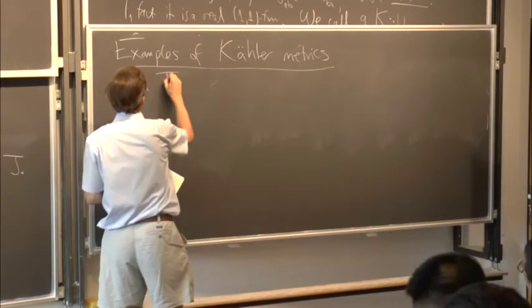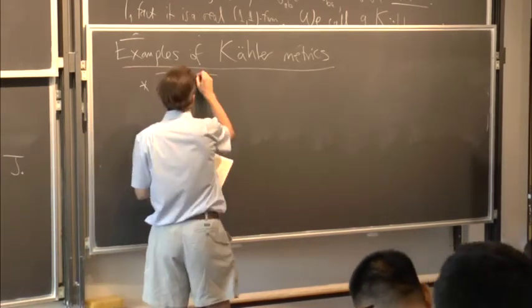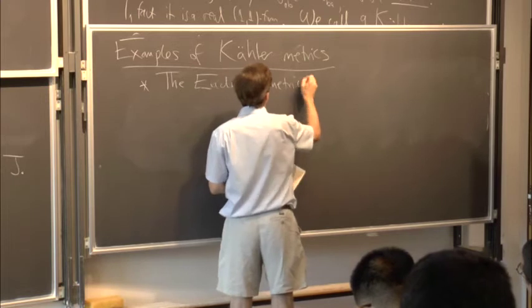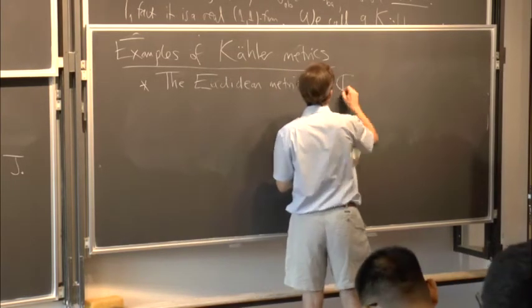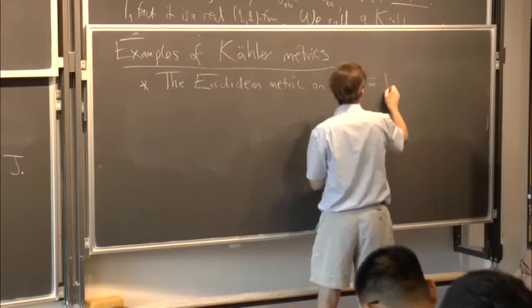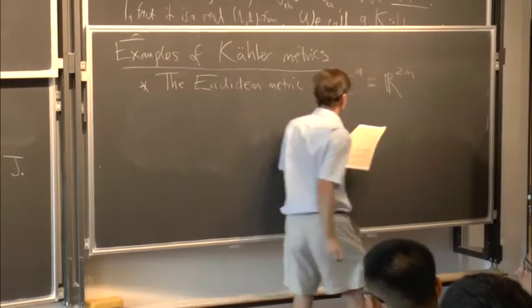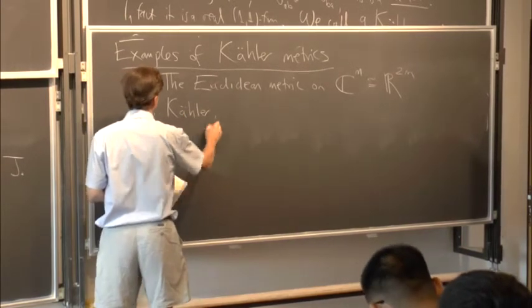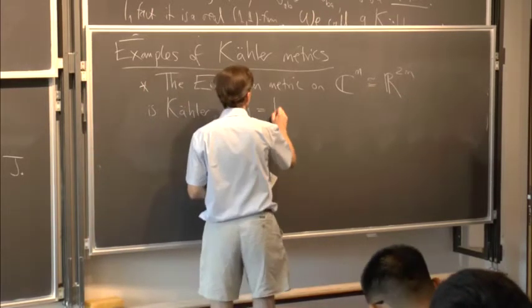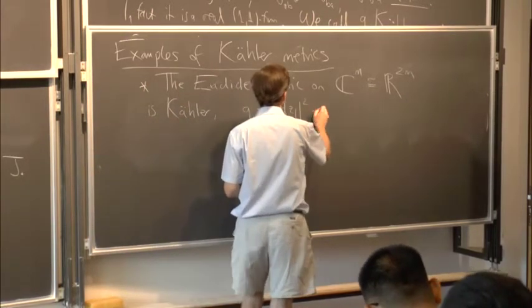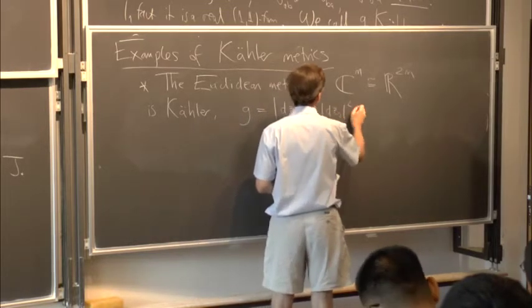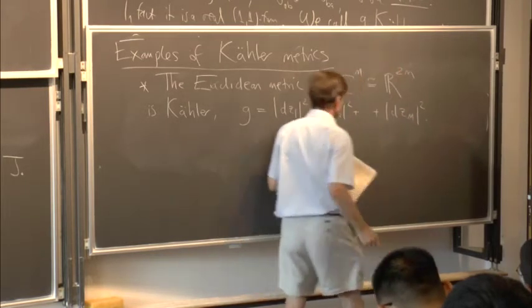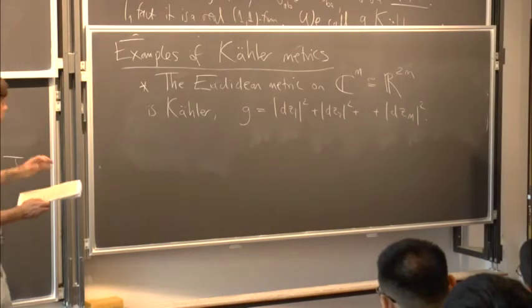Firstly, the Euclidean metric on C^m, which is R^{2m}, if you like, is Kähler. And we might write it as g = |dz_1|^2 + |dz_2|^2 + ... + |dz_m|^2, where z_1 up to z_m are the complex coordinates on C^m.